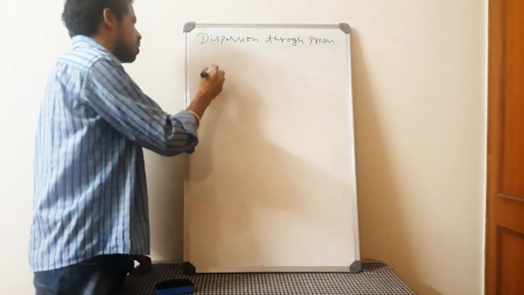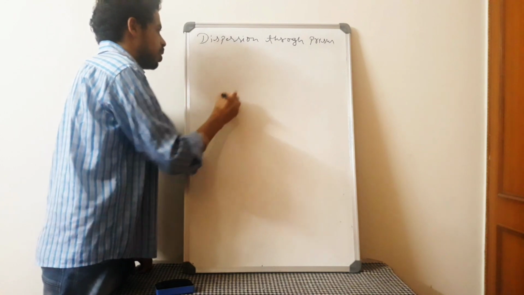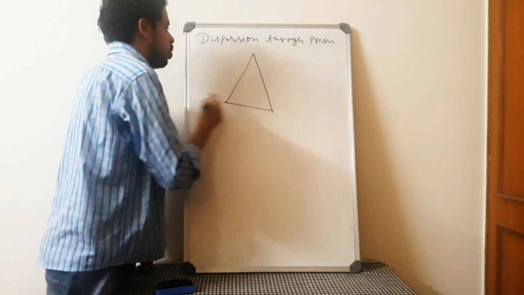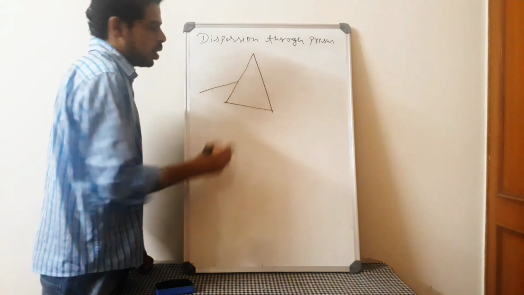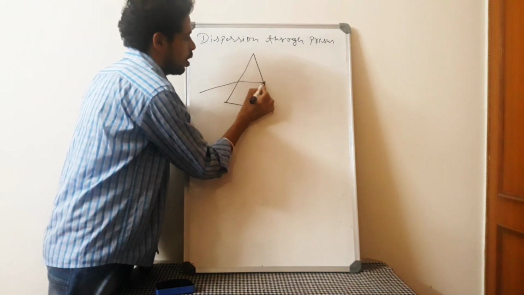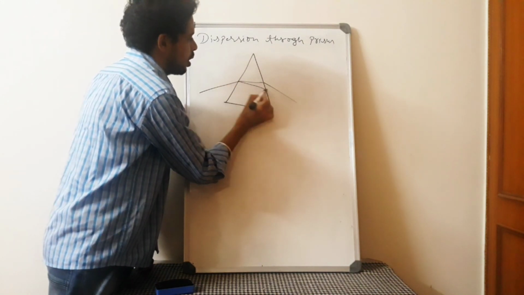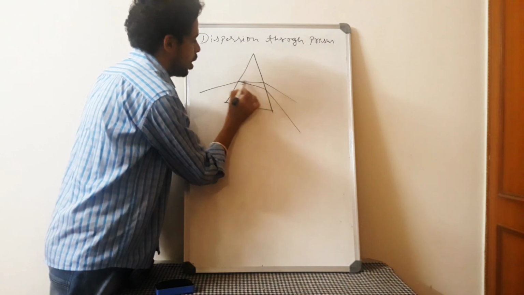Let us take a prism. Whenever I pass white light, it refracts and there will be 7 colors coming out here.